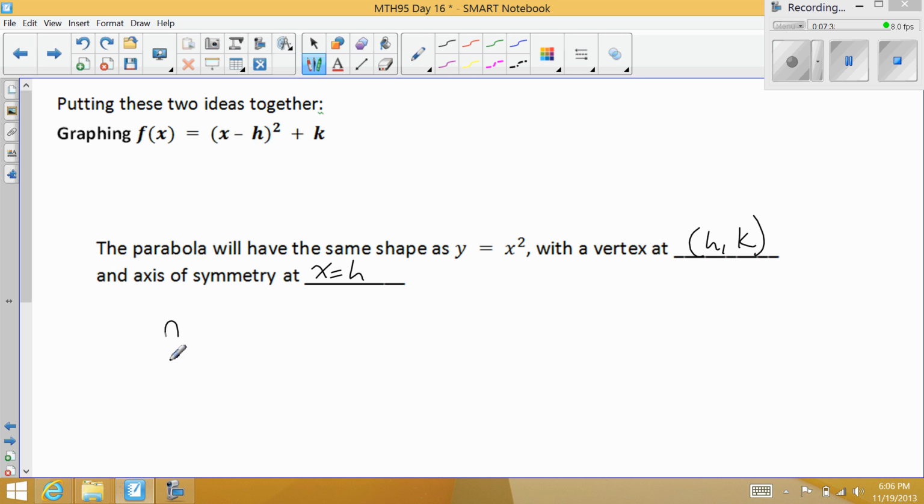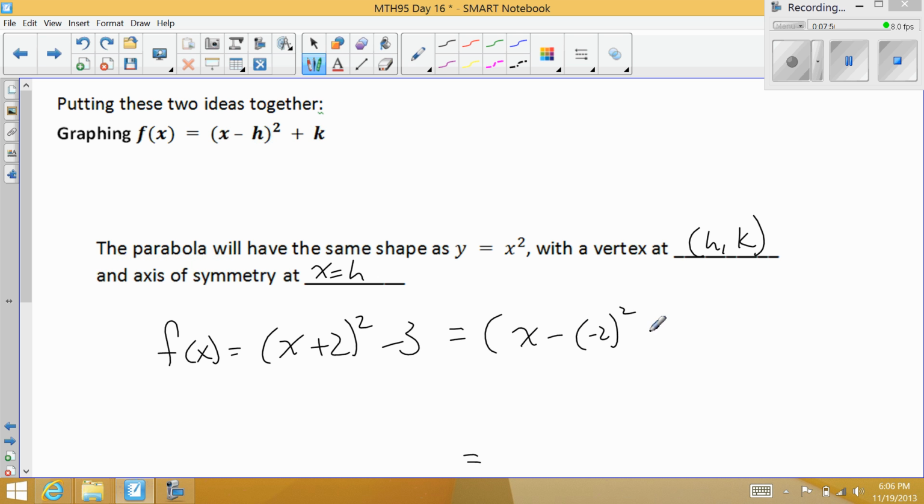And a quick example here, f of x equals (x plus 2) squared subtract 3. This will give us (x subtract negative 2) squared subtract 3. And so the vertex will be at (-2, -3).